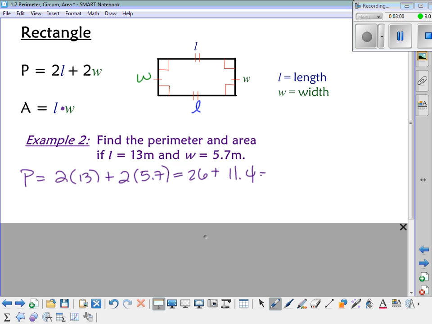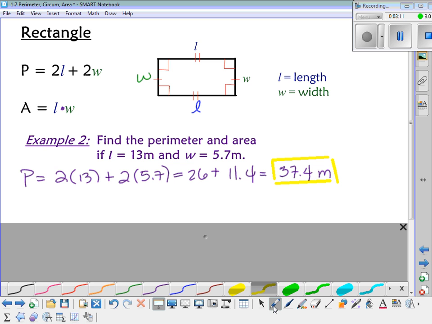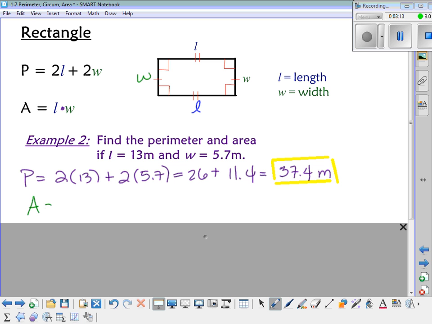And so when we add those together, we get 37.4 meters. And so that would be the perimeter of the rectangle with those dimensions. Then to find the area, we just have to do length times width. So we would do 13 times 5.7, and you end up getting 74.1 meters squared.